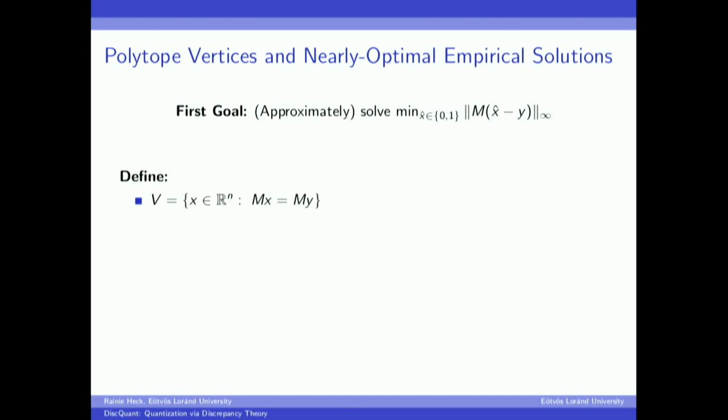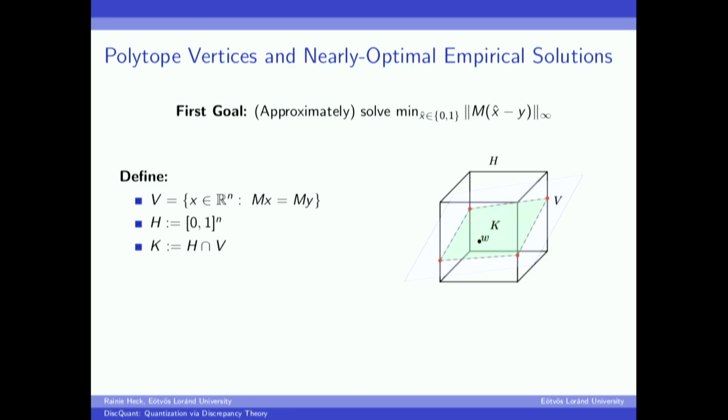So our first goal is going to be to approximately solve this minimization problem. By approximately, I mean that I'm okay leaving a few of the coordinates unrounded to 0 or 1. And the way that we can do this using geometry is we can define this affine space where Mx is equal to My. And this lies in an n-dimensional space. We look at the n-dimensional hypercube, and we intersect this affine space with the cube.